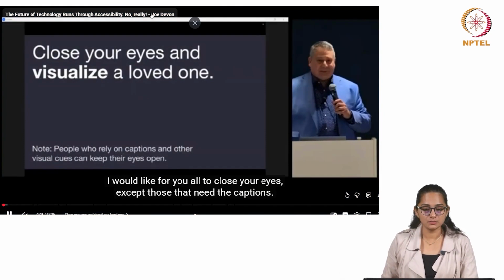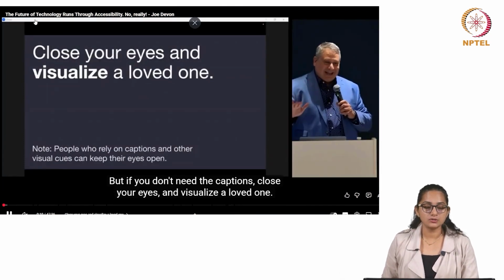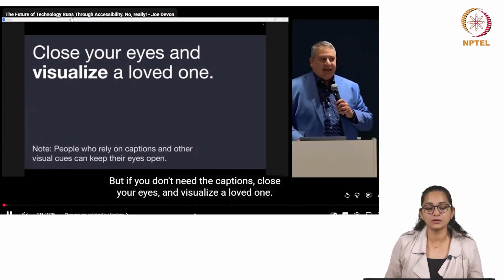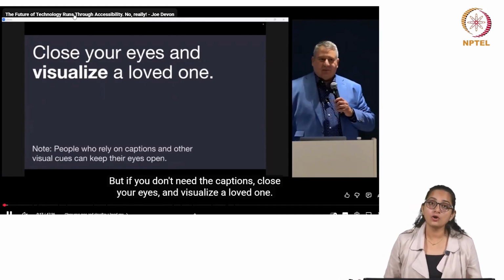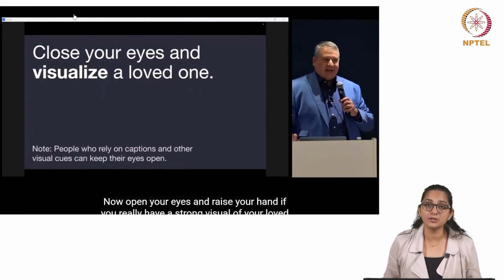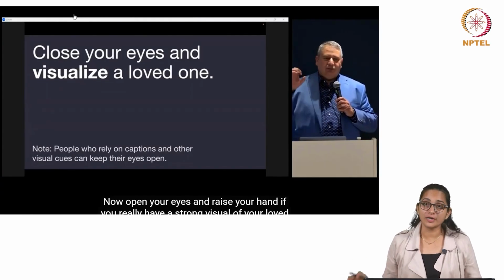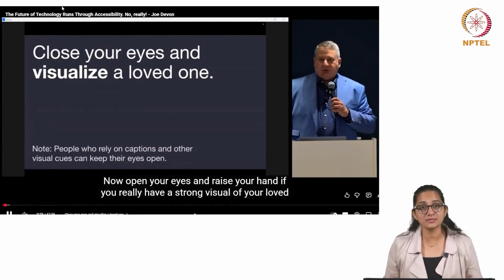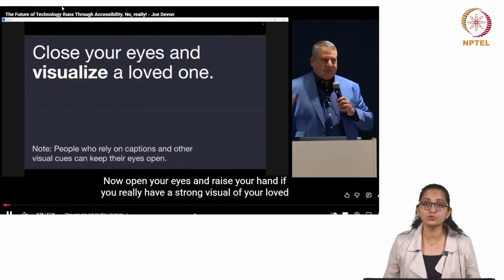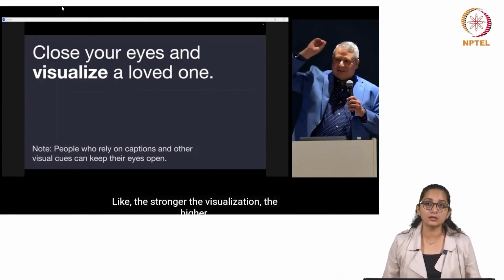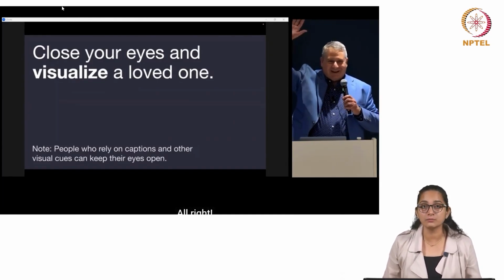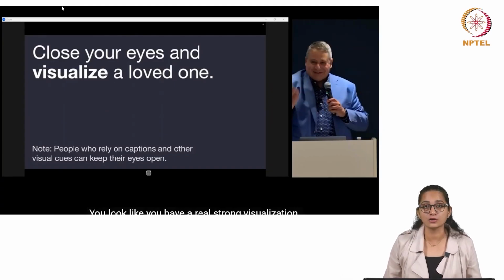Basically, Joe Devon is talking about the future of technology and how it runs through accessibility. A lot of the developments are happening in order to address accessibility issues, and then eventually all of those things will move into broader consumption and no longer be specialized technologies.